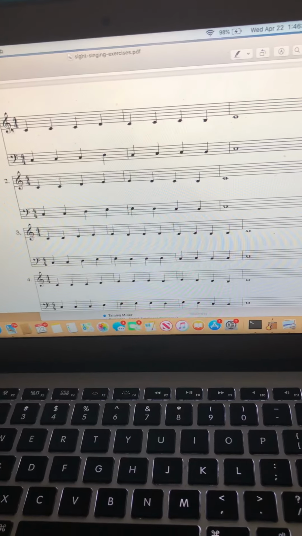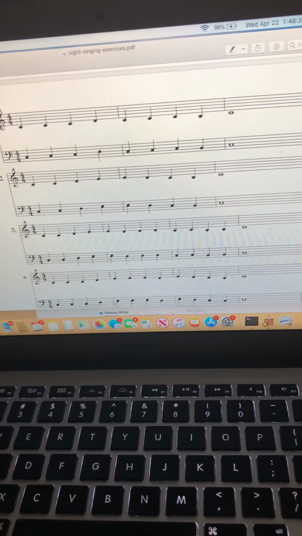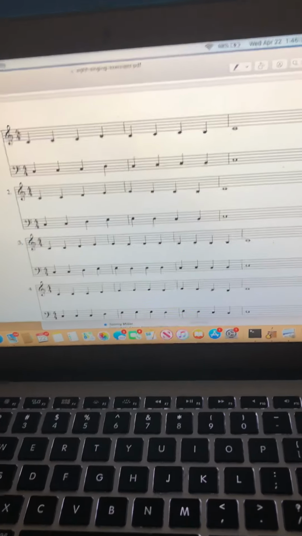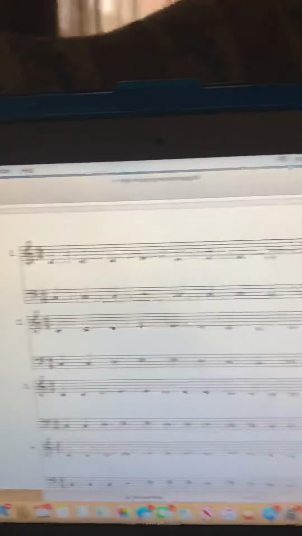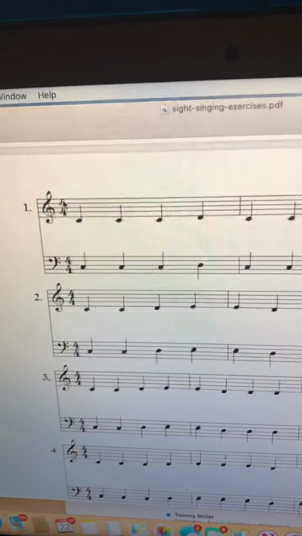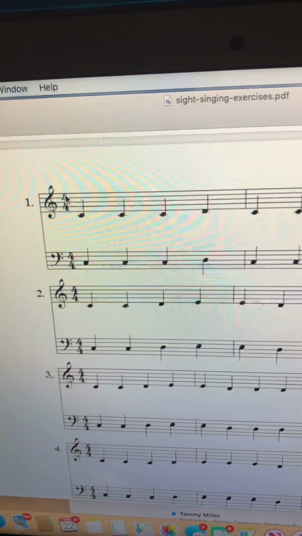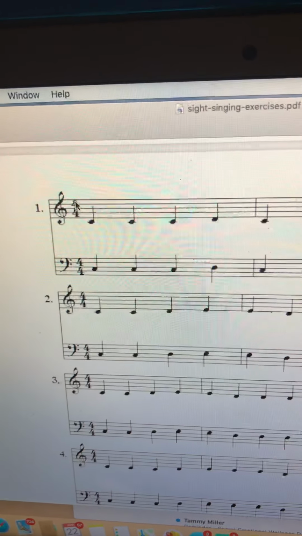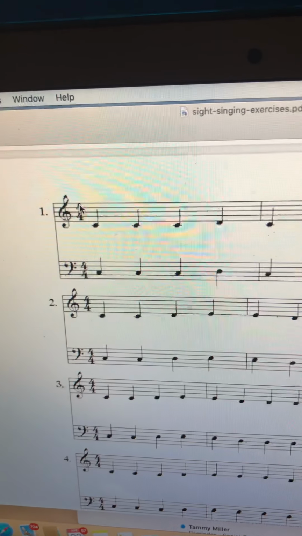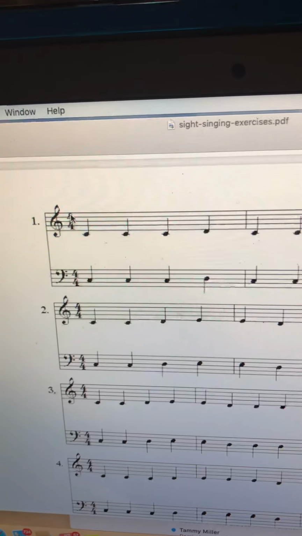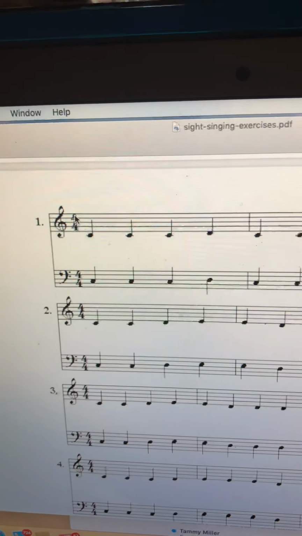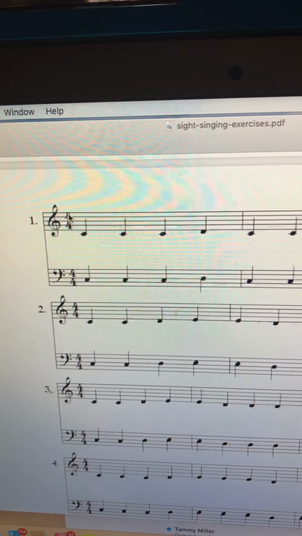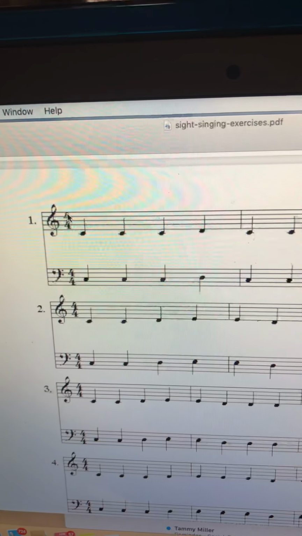But we skipped a thing. I want to go back to these two numbers. Those two numbers are the meter signature or time signature. It helps you keep the time of the piece that you are singing or playing. You have a top number and a bottom number. In this case, the top number is 4 and the bottom number is 4.